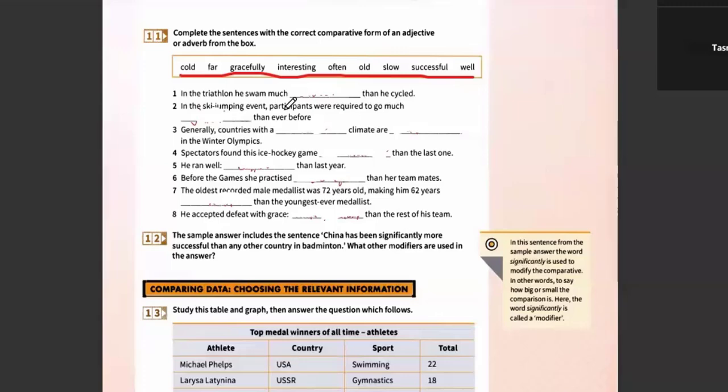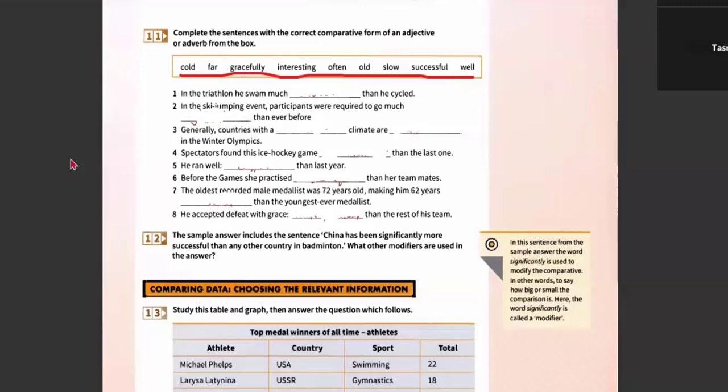Go on, number two. In the sky jumping event, the participants were required to go much farther than ever before. Very good. Number three. Generally, countries with a colder climate are more successful in the Winter Olympics. Excellent. Number four. Spectators found this ice hockey game more interesting than the last one.